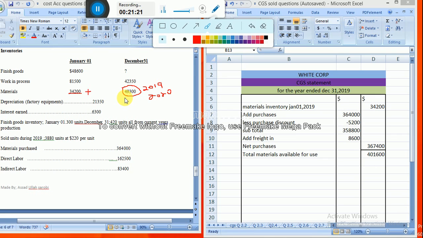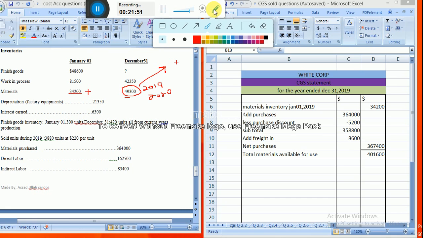So from here we will subtract, and when these materials are transferred to 2020, over there we will add. Clear? Why are we doing these tracks? We are doing these tracks to find out the exact cost of the material which is used in the production in year 2019.